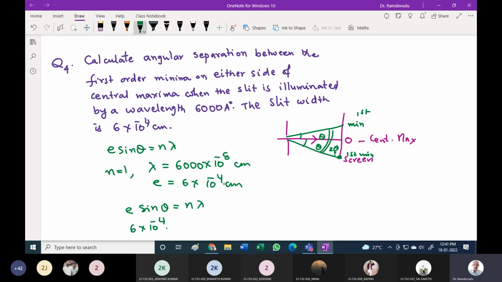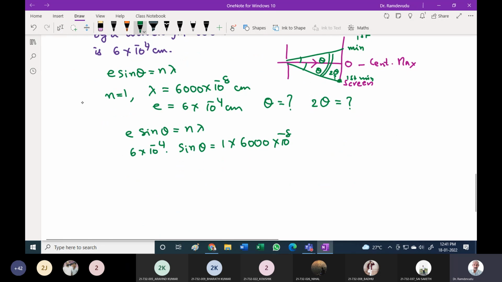I want to find theta. What is theta? I have to find that first, then you find the angular separation, which is 2 theta. So 6 into 10 to the power minus 4 into sin theta is equal to 1 into 6000 into 10 to the power minus 8 centimeters. If I simplify this, I will get the sin theta value.